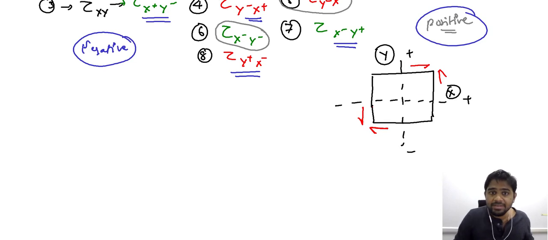So we have similarity in the signs. These two are represented by plus plus signs and these two are represented by minus minus. So these are positive stresses. On the other hand, these four are the negative shear stresses. Because this one here is acting on the negative x plane but along the positive y.